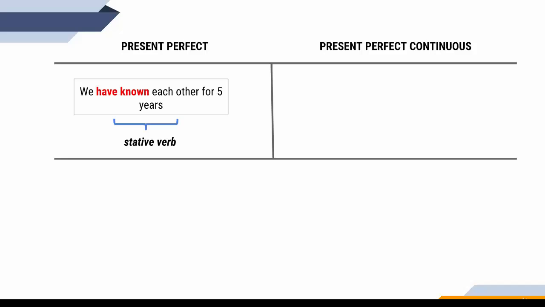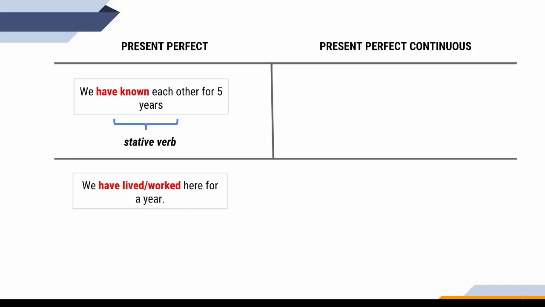Verbs that are not used in ing form are not used in present perfect continuous as well. That's why for and since are used with present perfect with verbs that do not accept ing forms, and for and since are used with present perfect continuous with almost all other verbs and in almost all other situations.